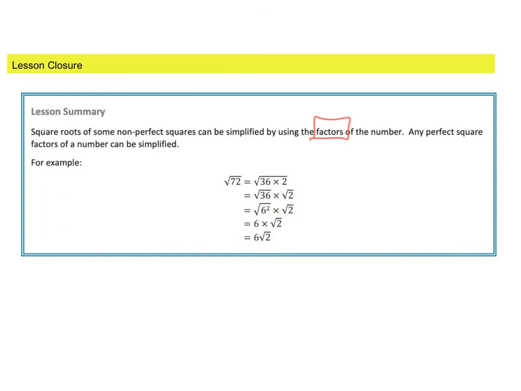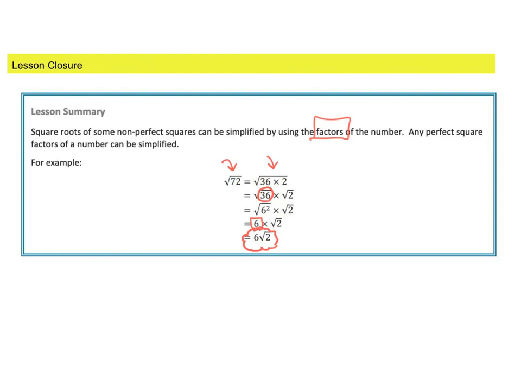So you'll see in this example right here, they started with the square root of 72. And they said, oh, that's the same as the square root of 36 times 2, because 36 times 2 is 72. From there, they were able to find that 36 has a perfect square, and they removed it to the outside, okay? And then they ended up getting 6 on the outside of the radical, 2 on the inside, and simplified.